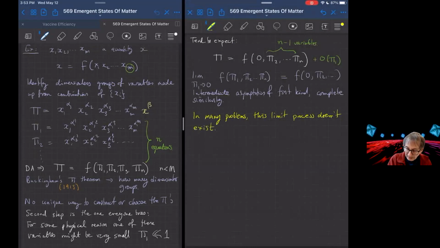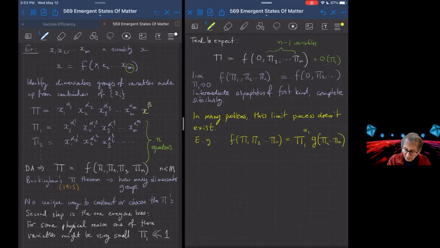So for example, you might have that the dependence on pi1 might be, let's say, pi1 to some power alpha 1 times some new function g that just depends on pi2 up to pi n.